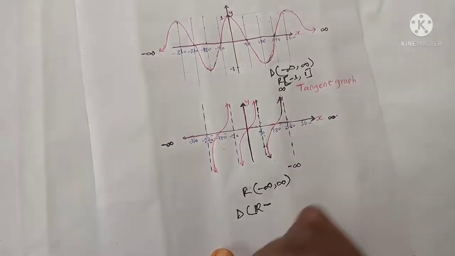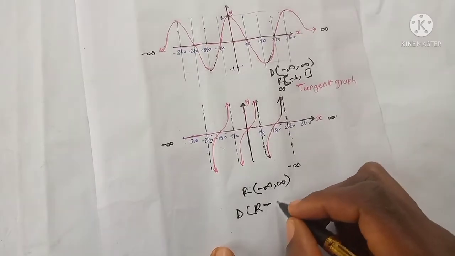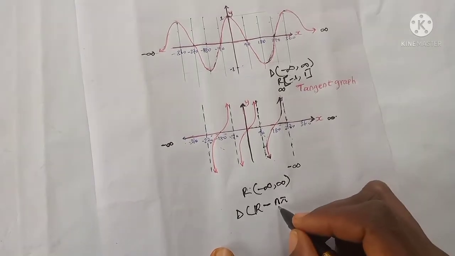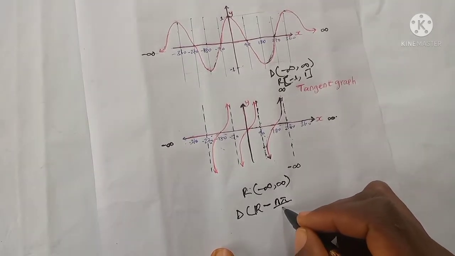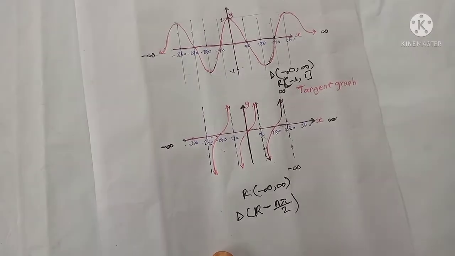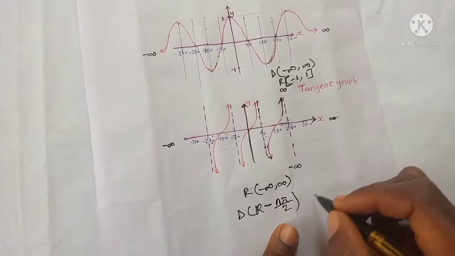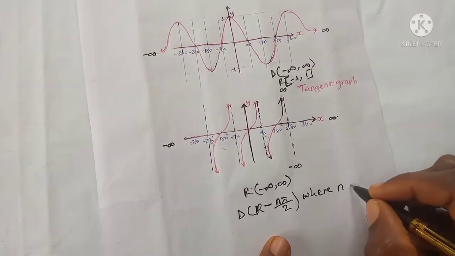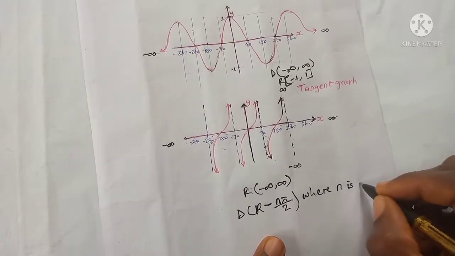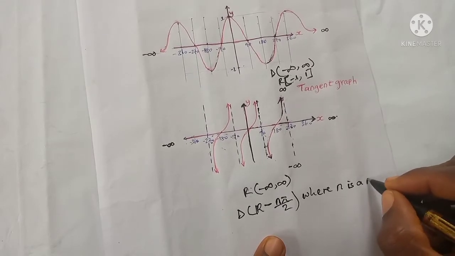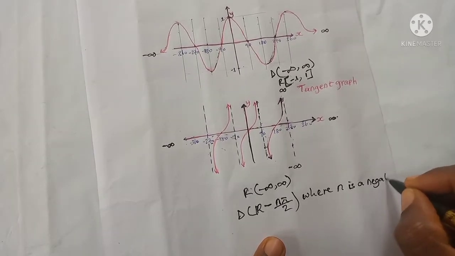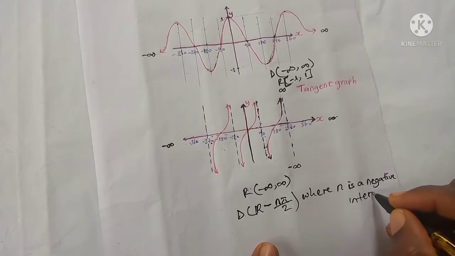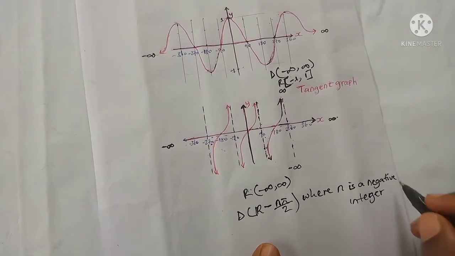Okay, we are going to write real numbers minus n pi over 2, and then we also write where n is a negative integer. So where n is a negative integer.